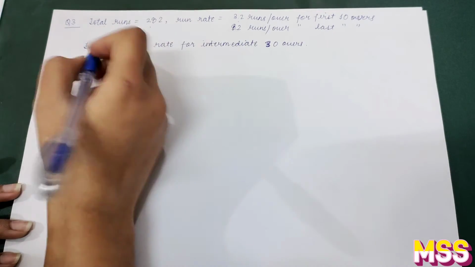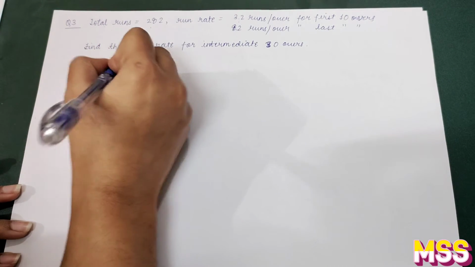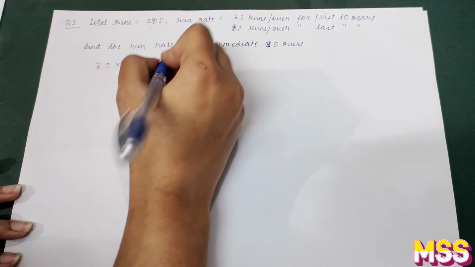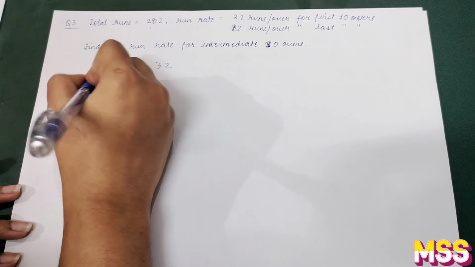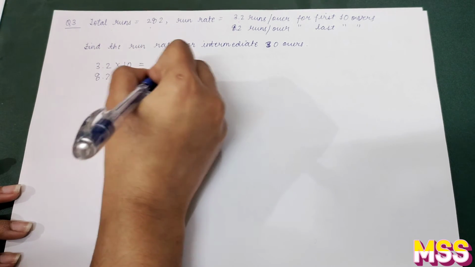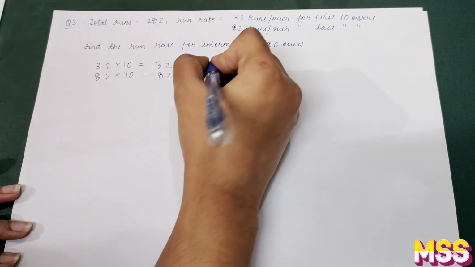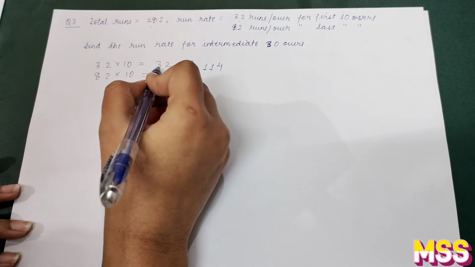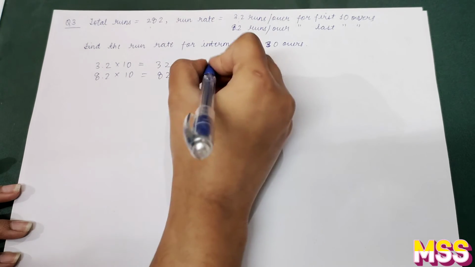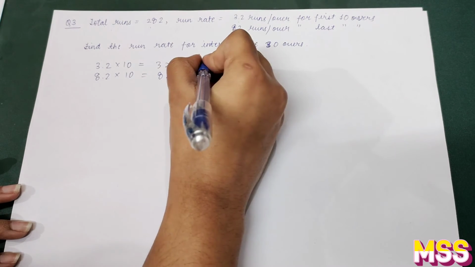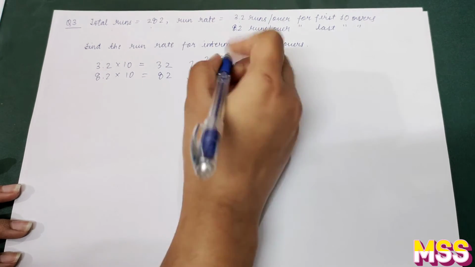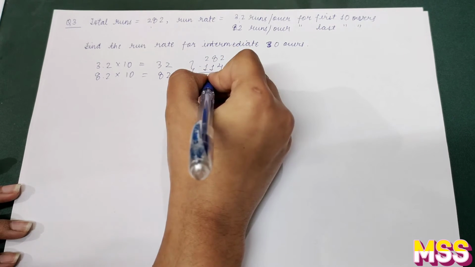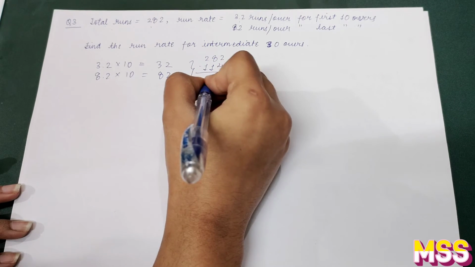The total runs for the first 10 overs will be 3.2 into 10, which is 32. Then for the last 10 overs it will be 8.2 into 10, which is 82, the sum of which will be 114. Now we know that 282 is the total number of runs, so we subtract 114 from that, and what we get is 168.